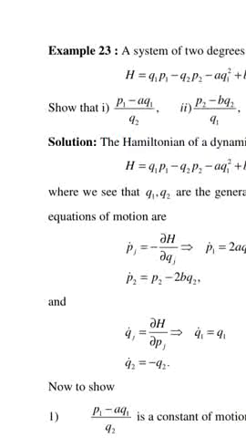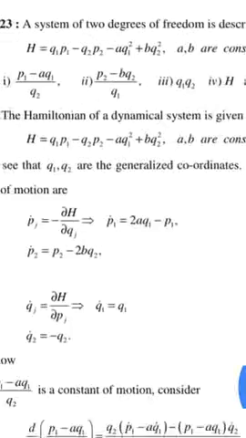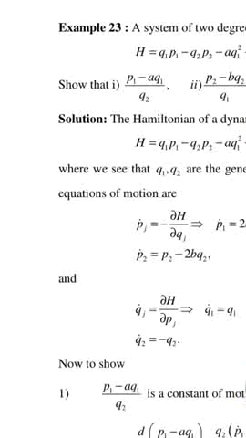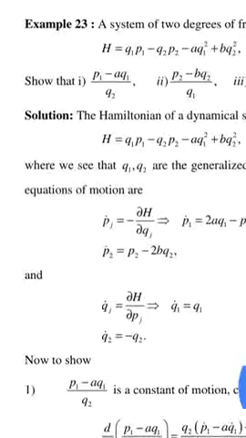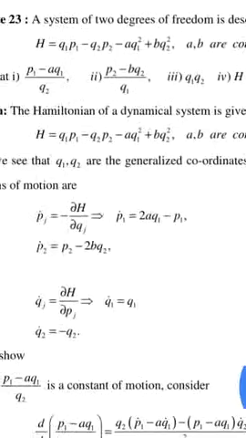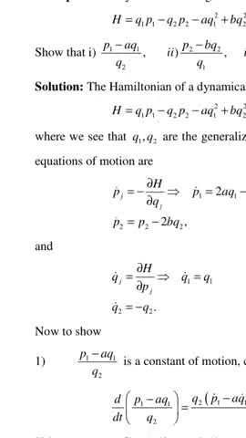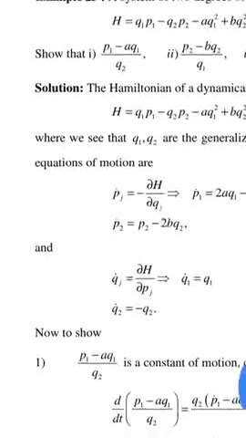Solution. The Hamiltonian of a dynamical system is given by H = Q1P1 - Q2P2 - aQ1² + bQ2², where a, b are constants, and Q1, Q2 are generalized coordinates.